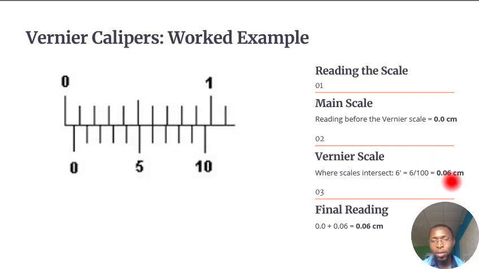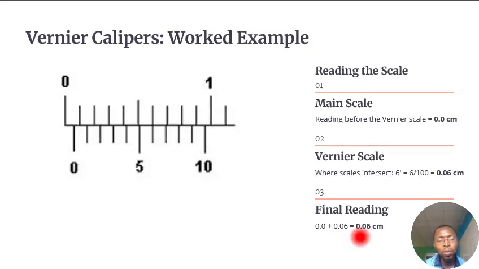Vernier scale is 0.06. So 0.0 plus 0.06 will give us 0.06 centimeter. So the reading on this scale is 0.06 centimeter. All right, now that is how you make use of the vernier caliper and the calculation aspect.